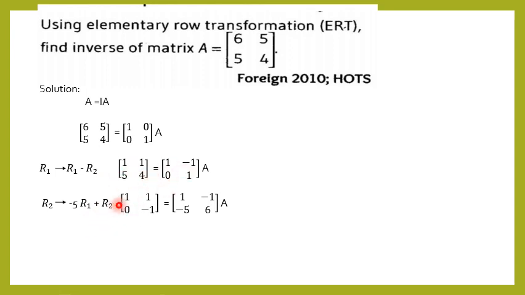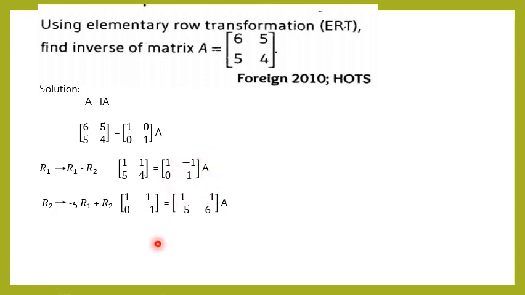Then, this matrix becomes minus 5 into 1, minus 5 plus 5. This becomes 0. Here also we need to write minus 5 into 1 plus 4, which becomes minus 5 plus 4, that is minus 1. The same we need to apply on the RHS also. That is minus 5 into 1, minus 5 plus 0, minus 5.